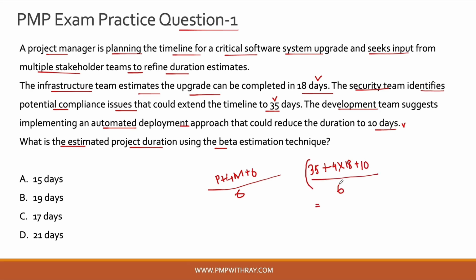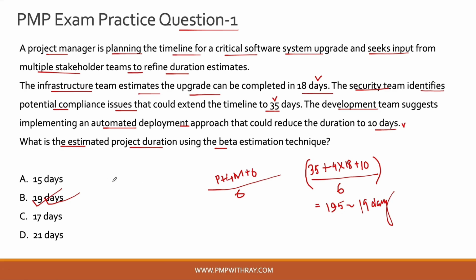Now if you solve for this equation, the answer to this question is approximately 19.5 days, okay, which is your correct estimate for this situation where you are estimating the project duration using beta estimation technique, okay. So the correct answer to this question is option B.